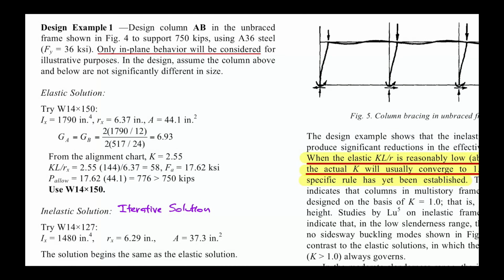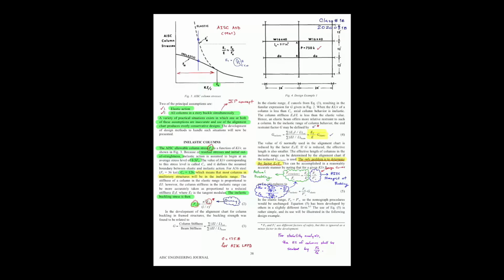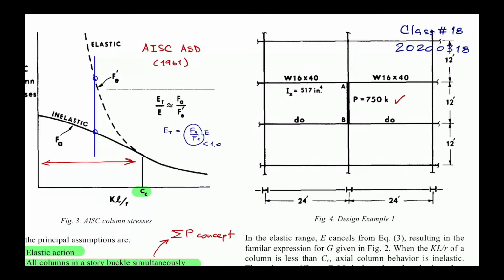Alright, Ix given, the radius of gyration given, the area given, GA and GB are both given. So what are they? GA and GB, you come down here, you have column and column. He said that the above and the below columns are pretty much the same size.